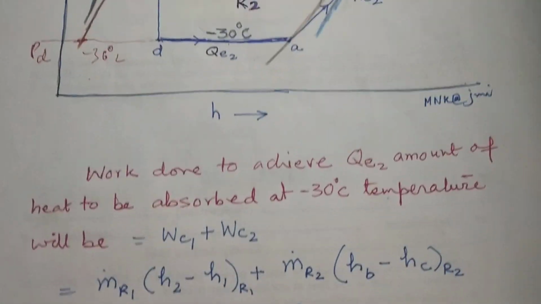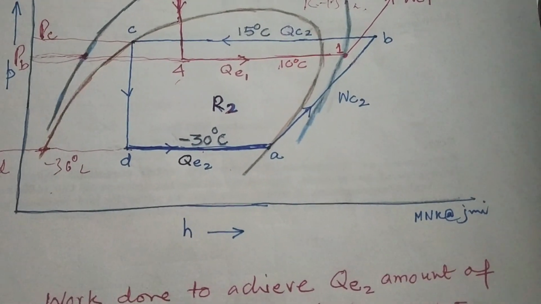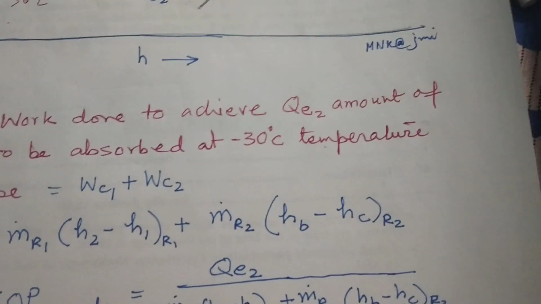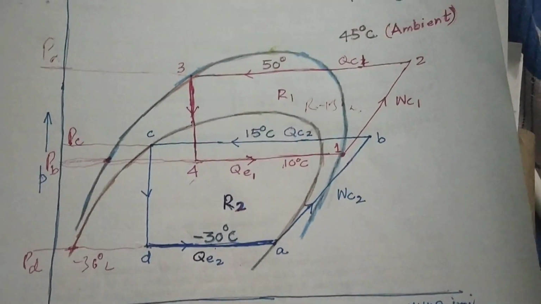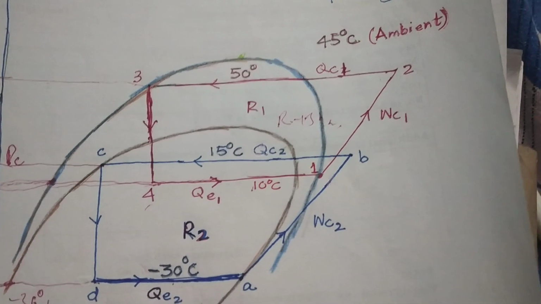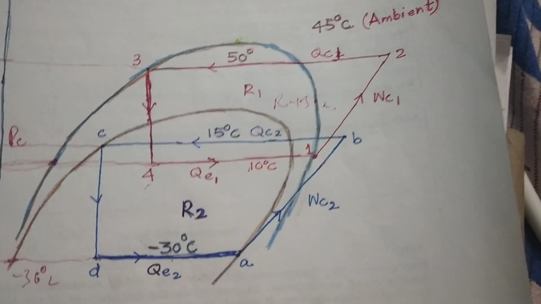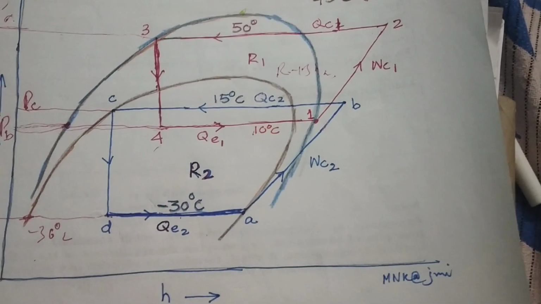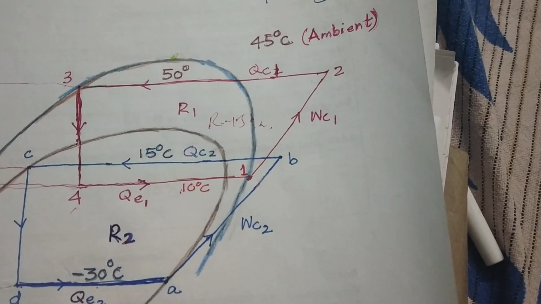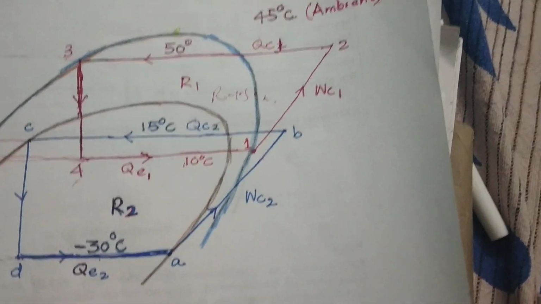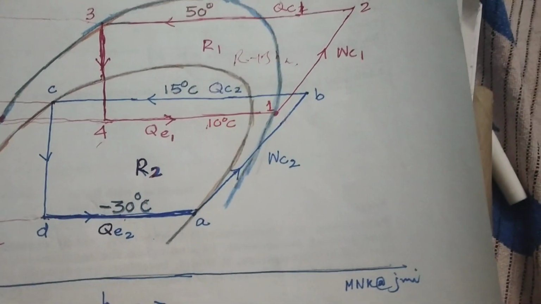Similarly, the amount of work done by the second one is WC2. WC2 is the mass rate of refrigerant number 2 times its enthalpy change. So you have to see MR1 and MR2. These are different mass flow rates, and these are different enthalpy values. So H2 and H1 will be different, HB and HA will be different.